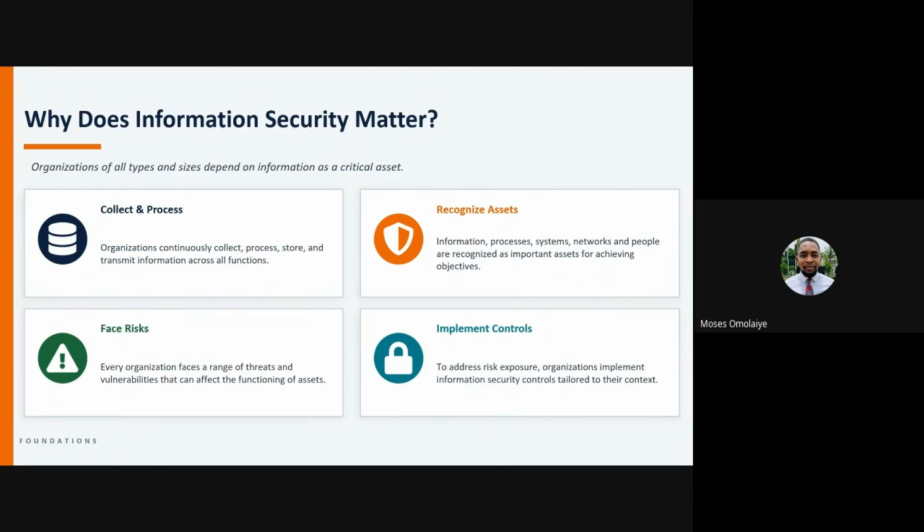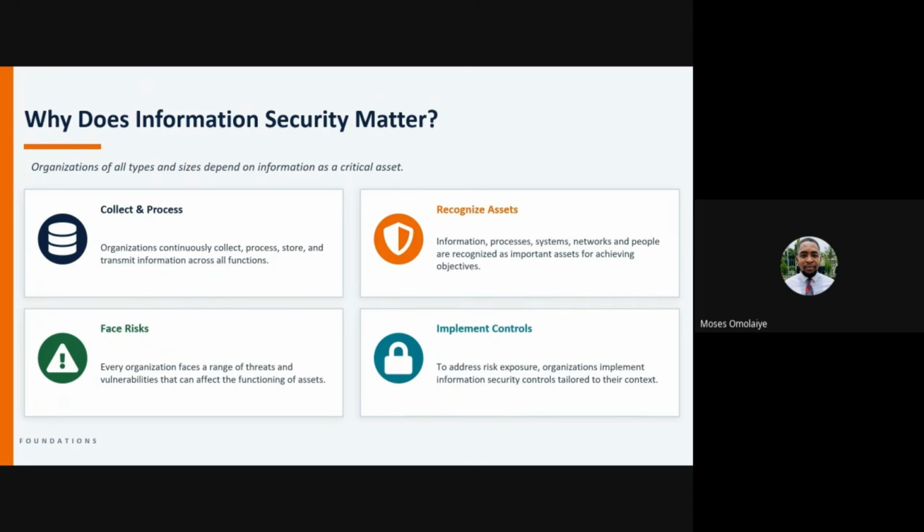If you don't have the right information, the right processes or systems, or your networks are not in place, and you don't even have the right people in place to achieve the objectives, then that means you do not have the right assets.